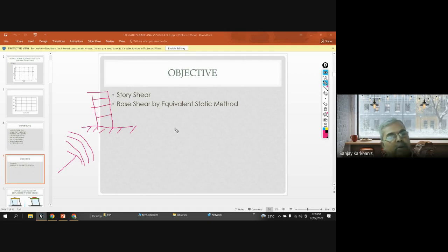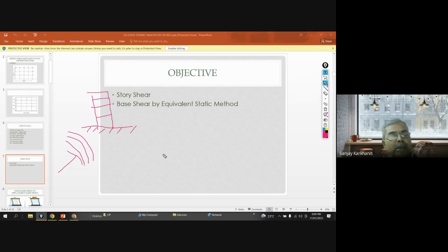Clear? And that's why the word is response. It is a response of the structure to the external action of vibration due to earthquake. Itna clear hua? Hello? Yes sir.